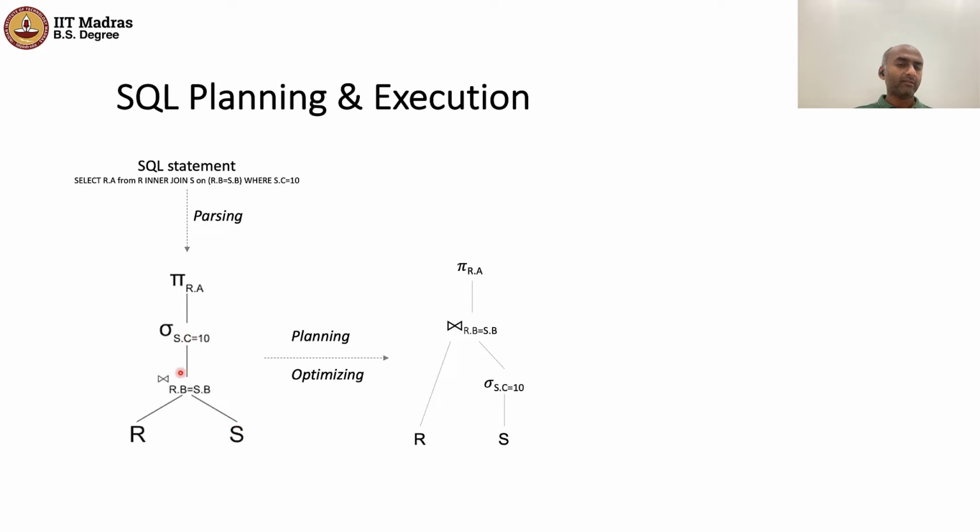If that's how it's going to get physically executed, that's a lot of wasted effort, because all those joins for those data records where the value for C is not 10 are not required. So why do that after?